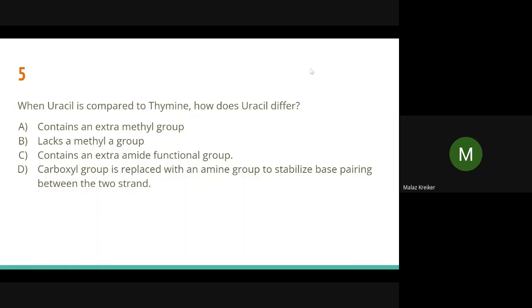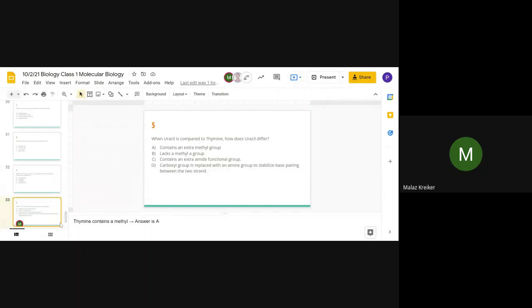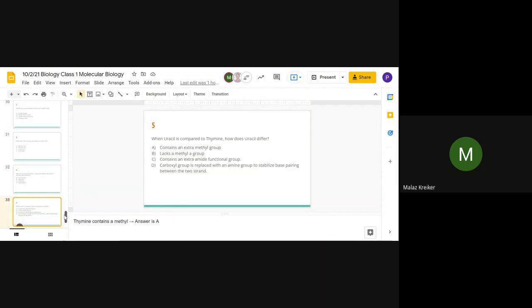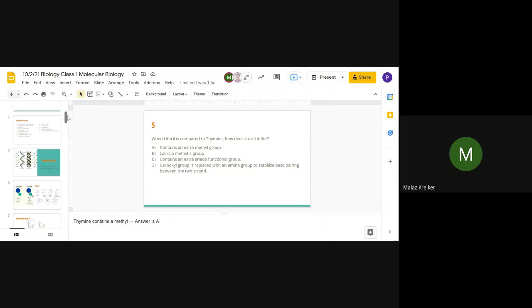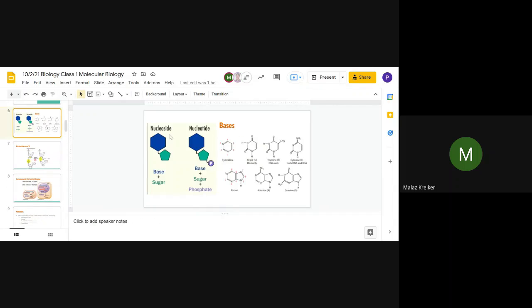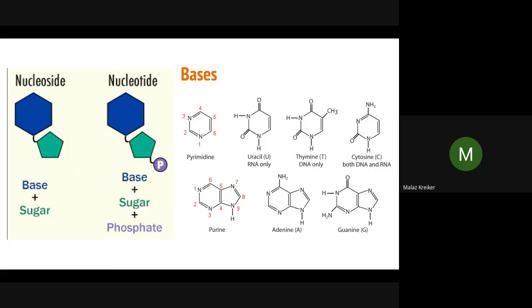This is the reason why I included this question, Caitlin, because yes, there is a methylation difference between them, but it's also important to know which one has it. In this case, thymine contains a methyl group, and uracil does not have a methyl group. So the lack of a methyl group on uracil is what makes it different. So the answer B is correct.